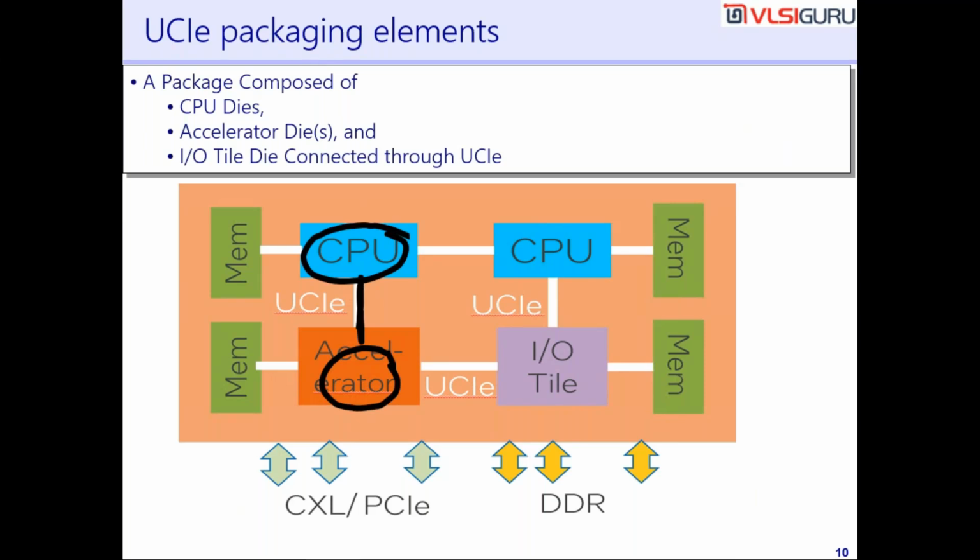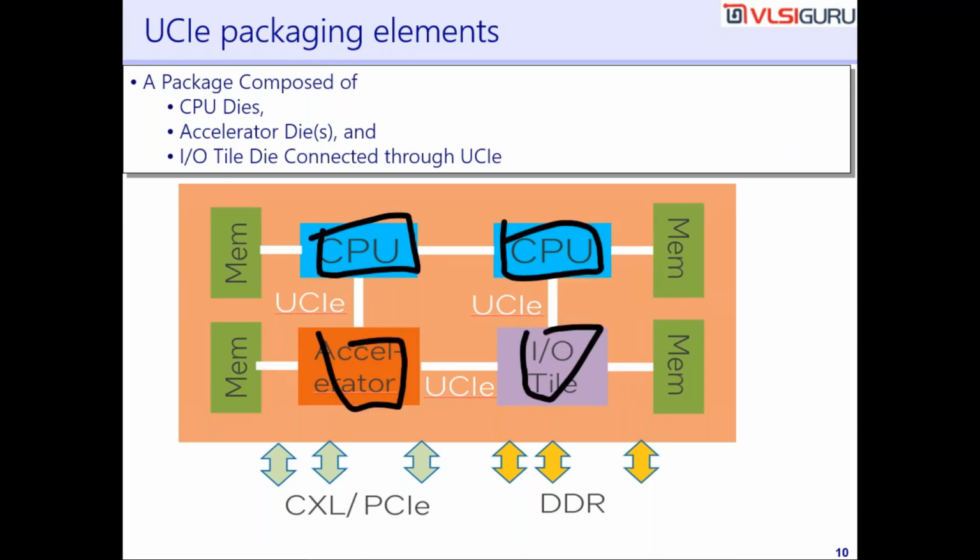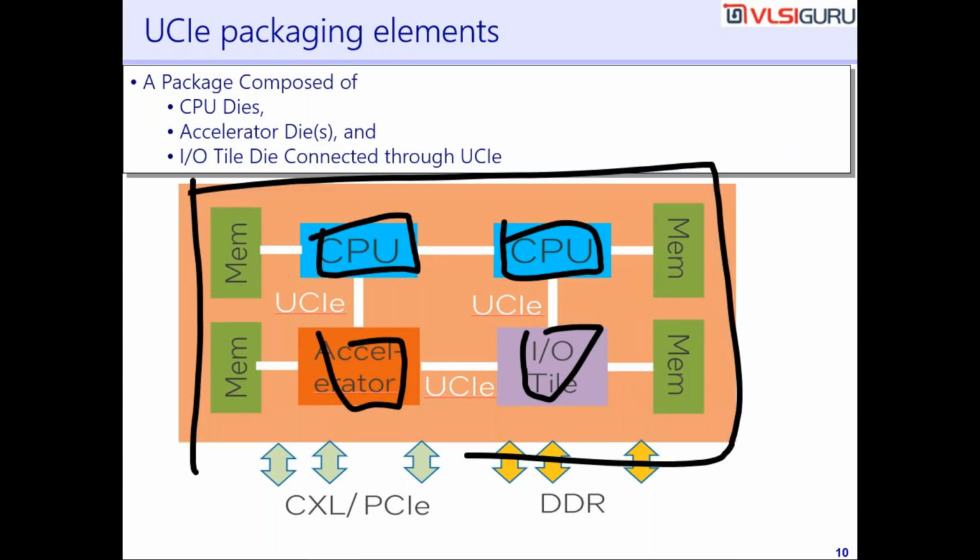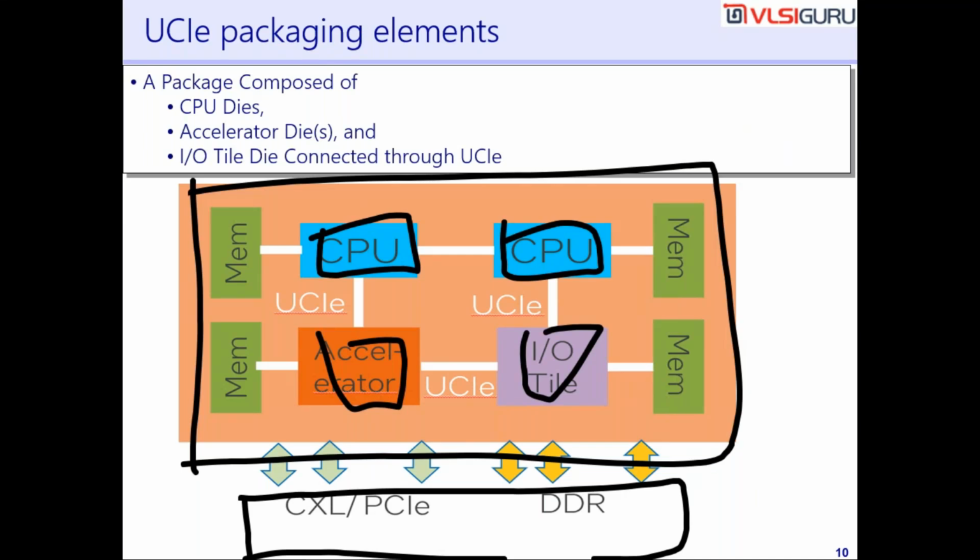In this case, you have got different chiplets. This is one chiplet, this another chiplet, another chiplet. You are just interconnecting all of these chiplets into one package. And this could finally interface with the external components through CXL and PCI Express and DDR also. This entire packaging is possible.